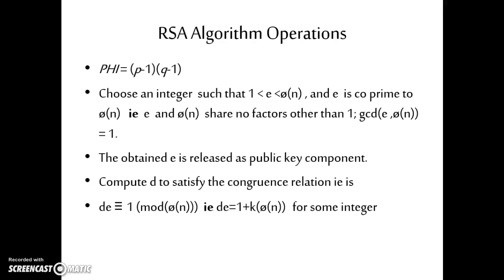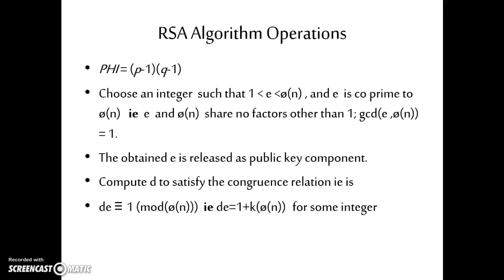Next, the main part of the algorithm, that is finding the public key. Here public key is E. How to find E? We have to find E randomly, that is a number more than 1 and less than the phi of n which we found just now can be E. Then we have one more important condition for any number to become a public key.